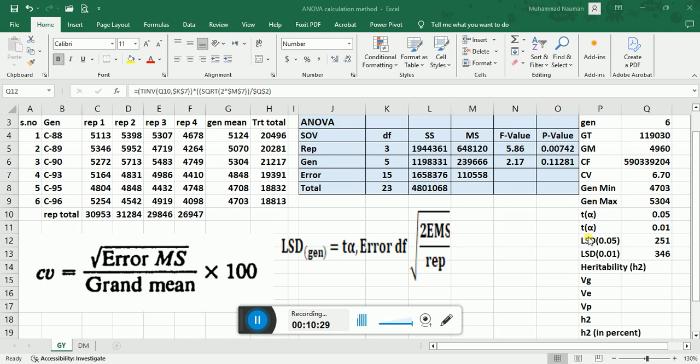We calculate LSD only when the ANOVA results show significant F value, meaning the probability value is significant. Here we have got the non-significant result for genotypes, so there is no need to calculate the LSD for this trait. But I have done this for you in order to show you the method of how to calculate the LSD in Excel.